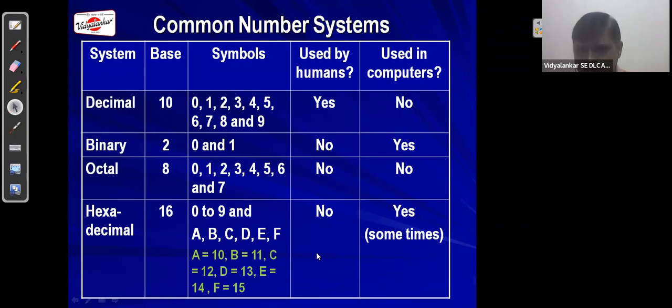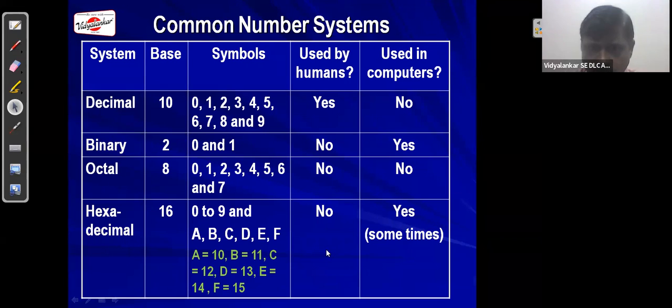Yes, that's a good answer, Chirag, and what you're referring to is perfectly correct. The reason is that there is nothing wrong in using digits from 0 to 15. Yes, Vitika is correct. See, theoretically, there is nothing wrong.